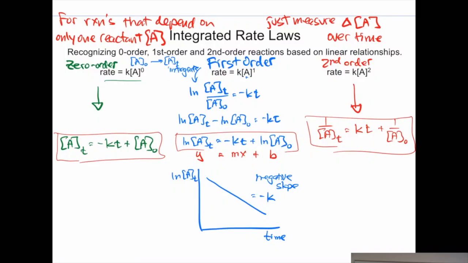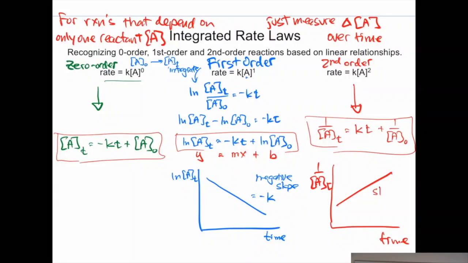You have to know what these mean and how to use them. How you would use them is, well, let's take a look. How do I get a straight line if it's second order kinetics? If it's second order and I plot 1 over the concentration of A at any time t versus time, then I expect to get a straight line with a positive slope.